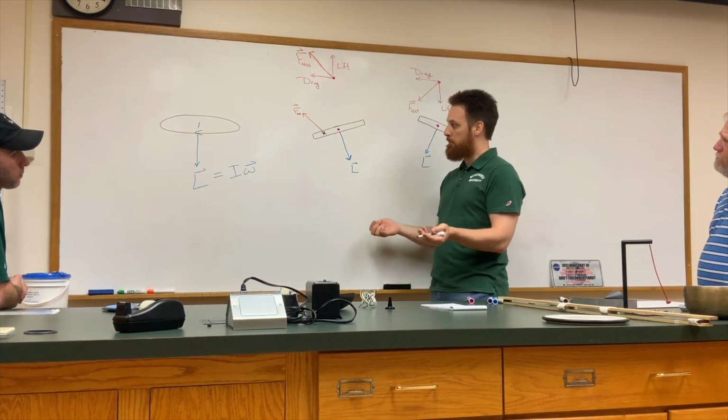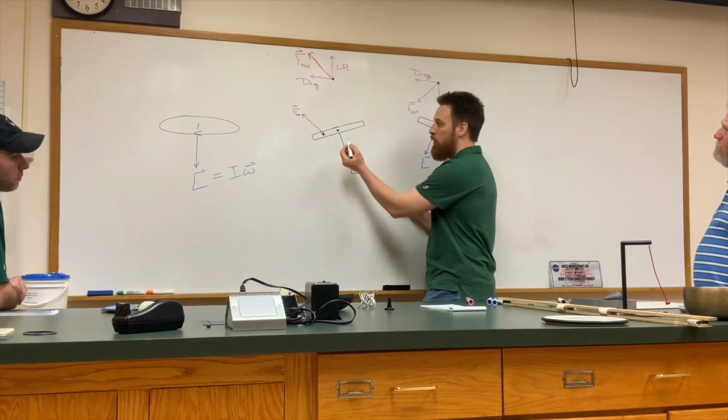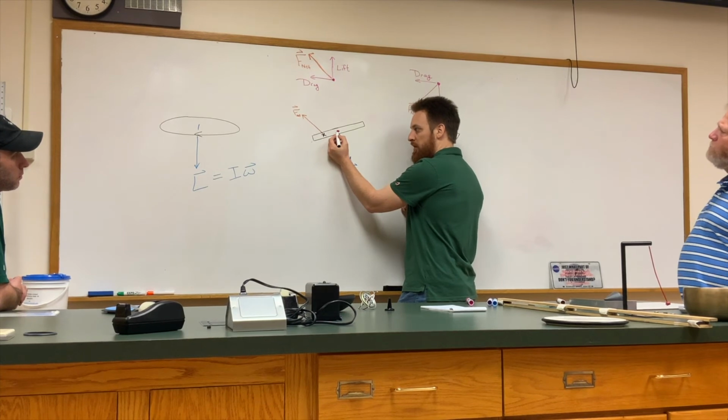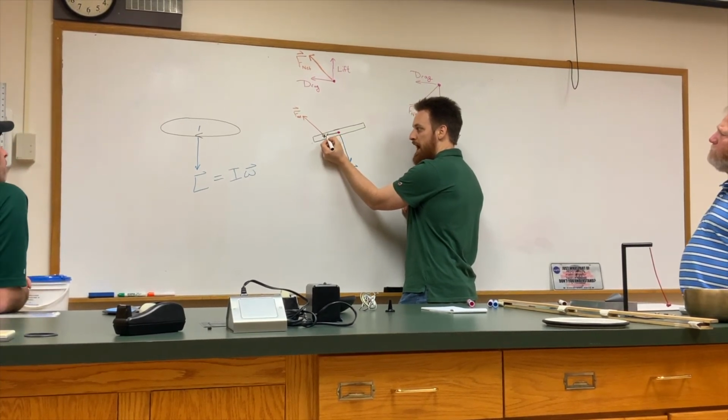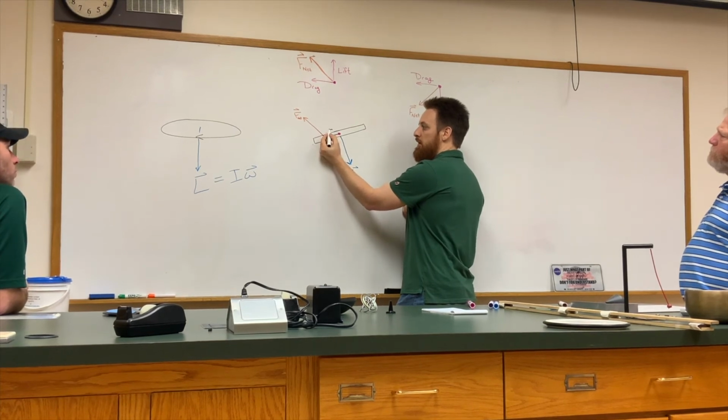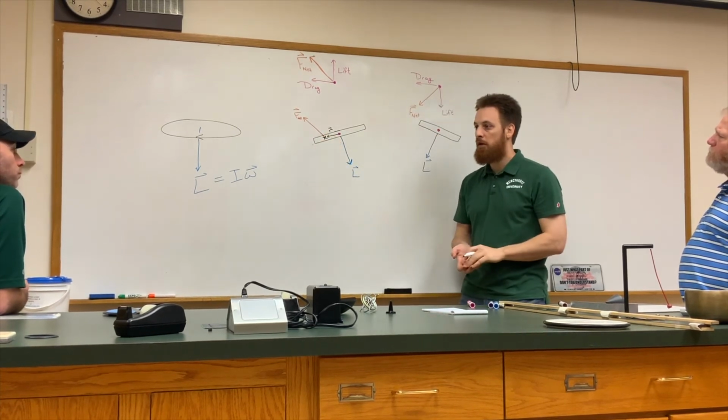And so, much like before, we want to know the vector from the center of rotation, the center of mass, out to where the forces are acting, which is given by this vector.